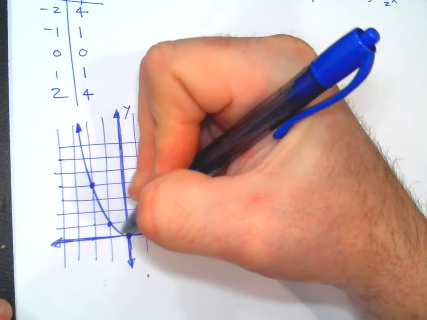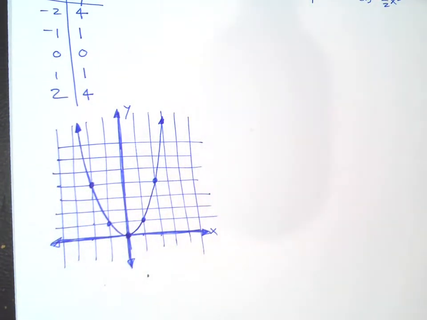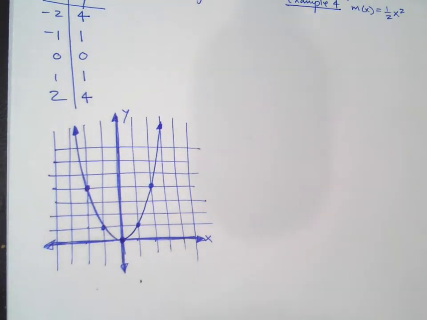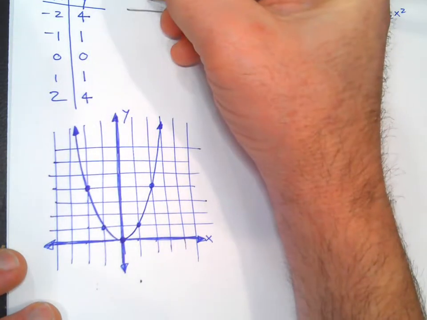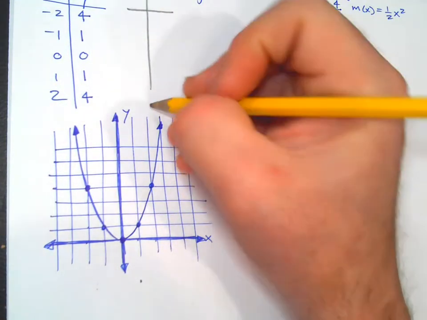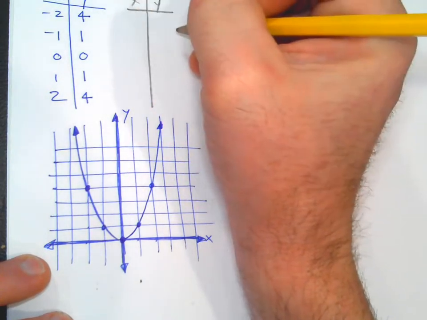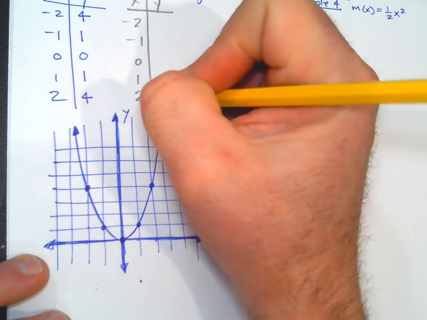That's the parent function. Now, what's going to be helpful is if we use a different color pen or a pencil. I'm going to make a function table for this one. I'm going to use the same values: -2, -1, 0, 1, 2, and plug them in here.